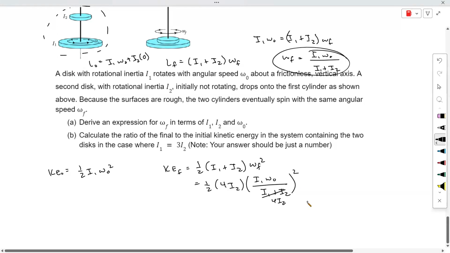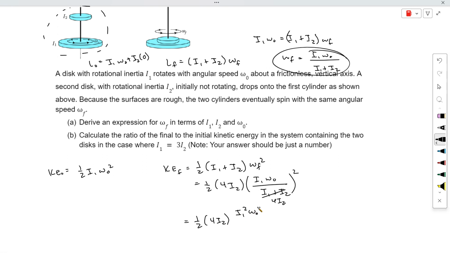So then this becomes 1/2 times 4I2 times I1 squared omega naught squared over 16I2 squared. And then one of those I2s cancels. That becomes 1/8 I1 squared omega naught squared over I2.